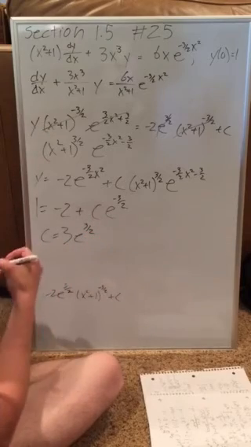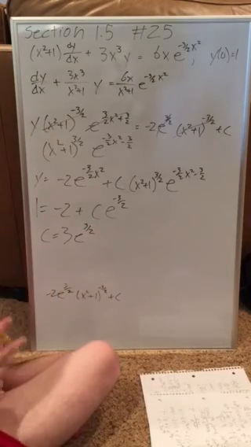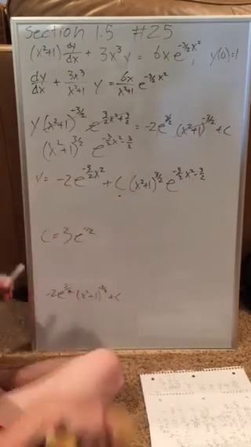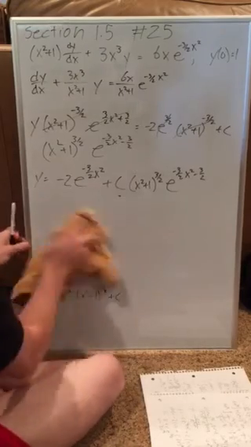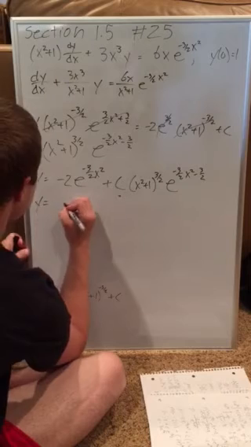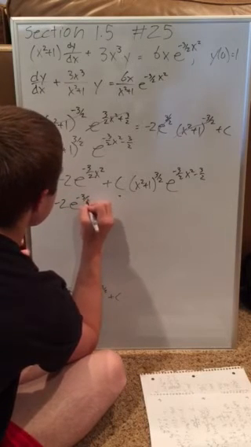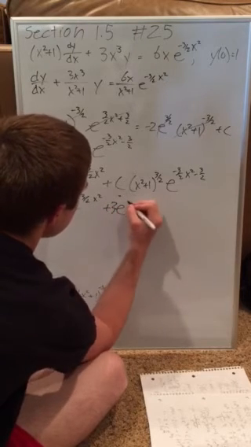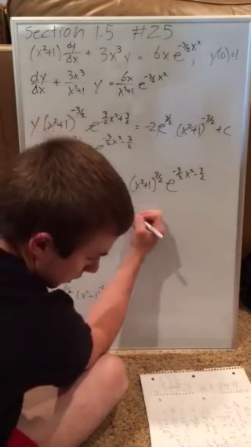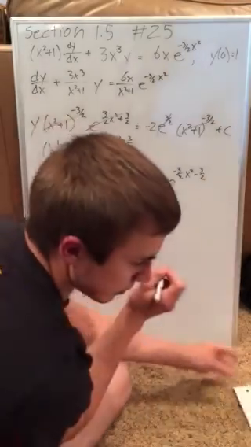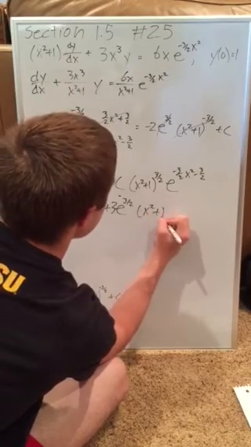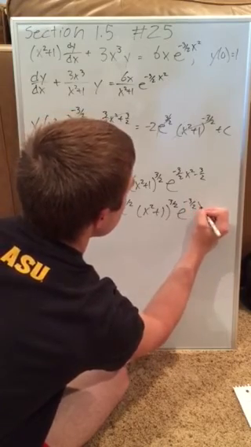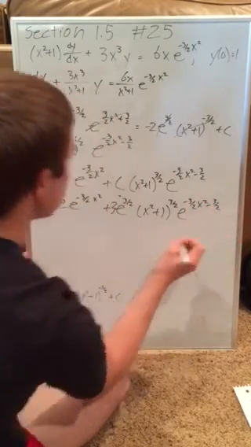Now, remember our c, and I'm going to go back real quick and put that back into our equation here. So we'll have y equals now negative 2e to the negative 3 over 2 x squared plus 3e to the 3 over 2 times x squared plus 1 times 3 over 2 e to the negative 3 over 2 x squared minus 3 over 2.